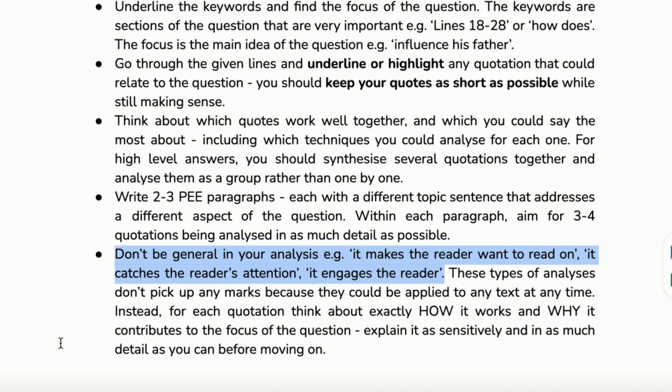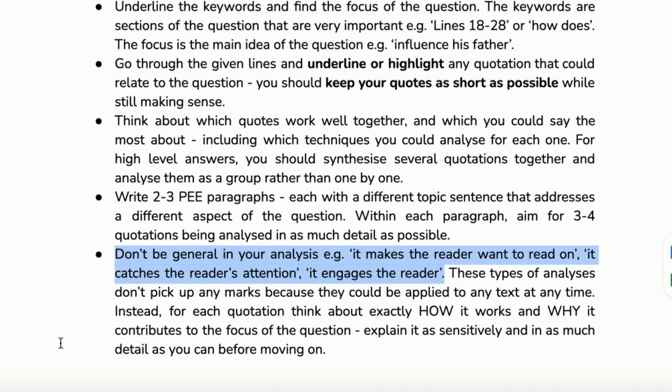You need exactly what that language is doing in that moment for the purpose the writer intended. Be sharp with your analysis, be clear and detailed with your understanding of the effects. If you're general in your effects, you will drop a lot of marks and you'll probably end up around a mid-grade at best, maybe even lower. So it's super important.